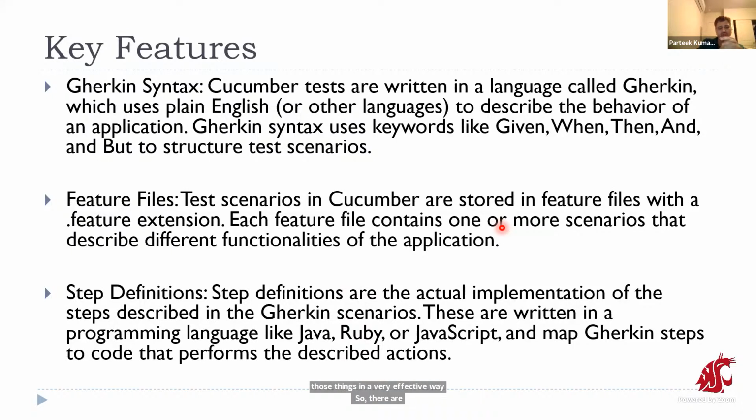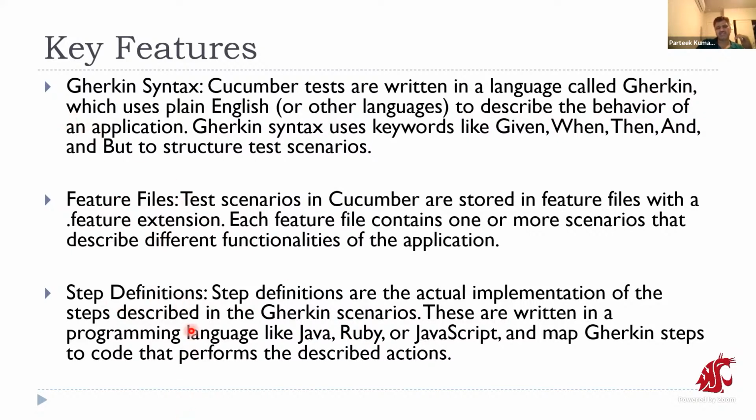First is writing that feature in Gherkin syntax. Cucumber tests are written in a language called Gherkin, which I already explained, that has Given, When, and Then parts. There is also a feature file where you write all those features. And then we have step definitions where actually the whole code is defined. So first is Gherkin syntax.